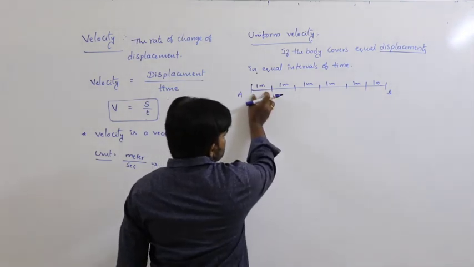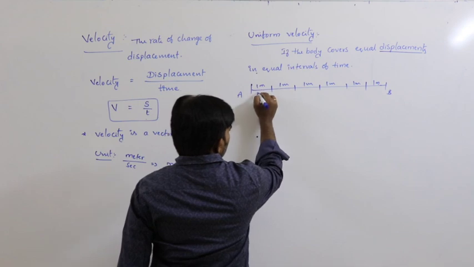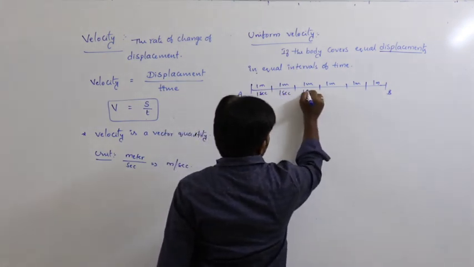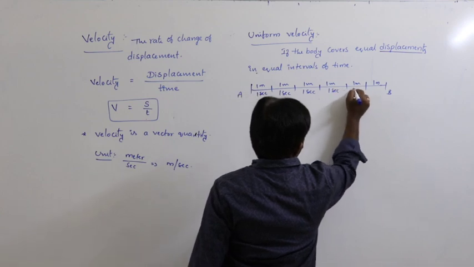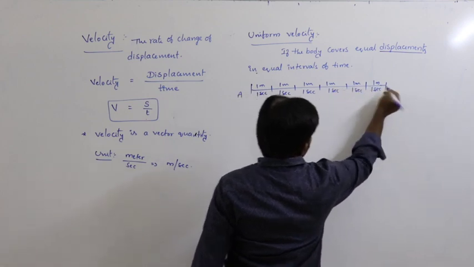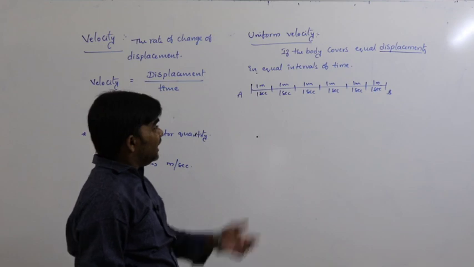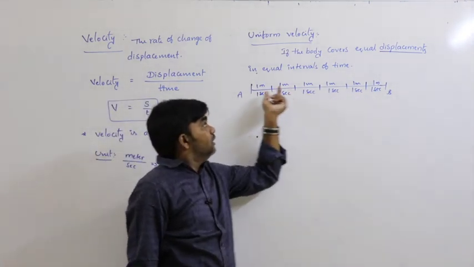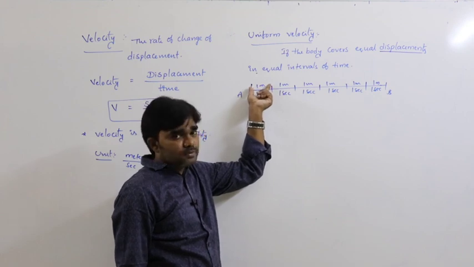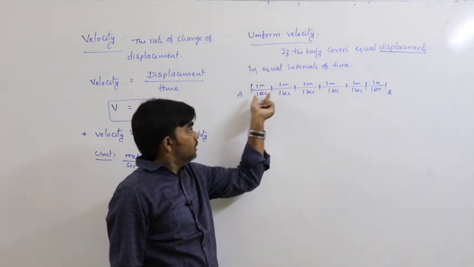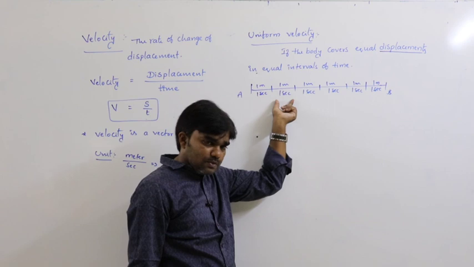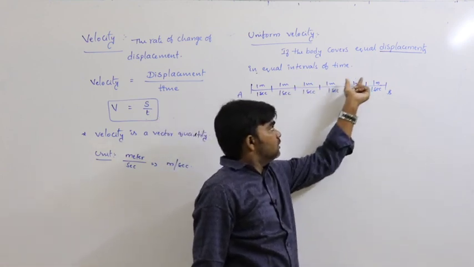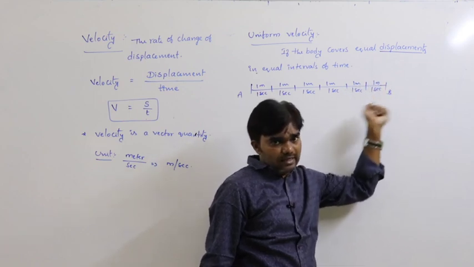If the body takes 1 second to travel the distance of 1 meter, and here also 1 second, and here also 1 second. Equal displacements in equal intervals of time. Here the displacement is 1 meter, it takes 1 second. Here also 1 meter, 1 second, like that.